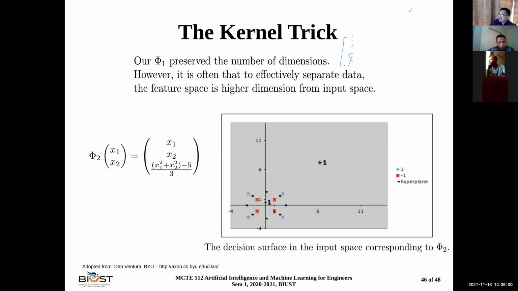That means this is a 2D input and the output becomes 2D also. So what the kernel trick is doing is that now we increase the dimension of the feature space. Instead of 2-dimensional, it becomes a 3-dimensional feature space.